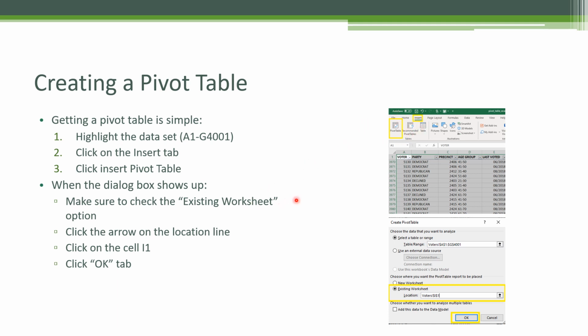When the dialog box shows up, make sure to check existing worksheet, because we'll want to do this within the same worksheet instead of creating a whole new one, and click on the little arrow shown on the right by location, and then click cell I1, and then finally click OK.